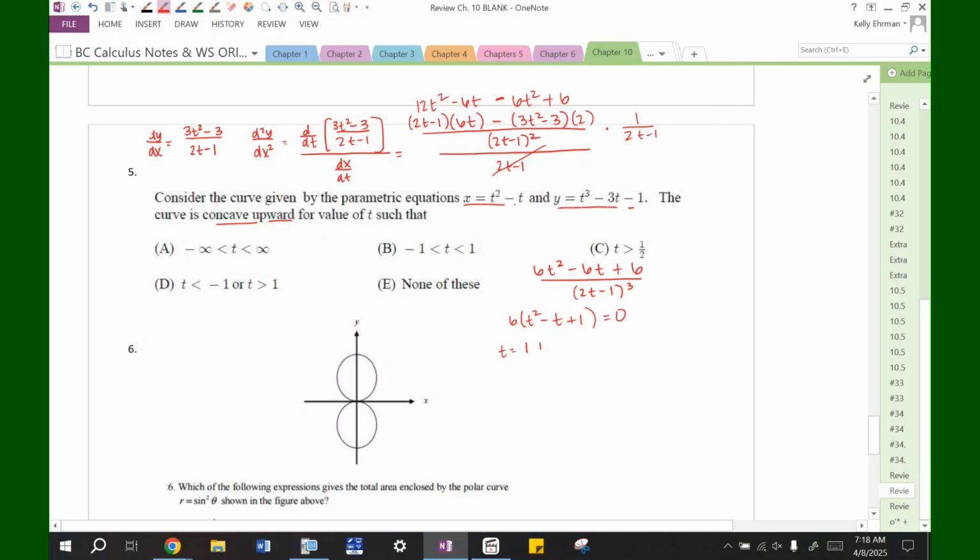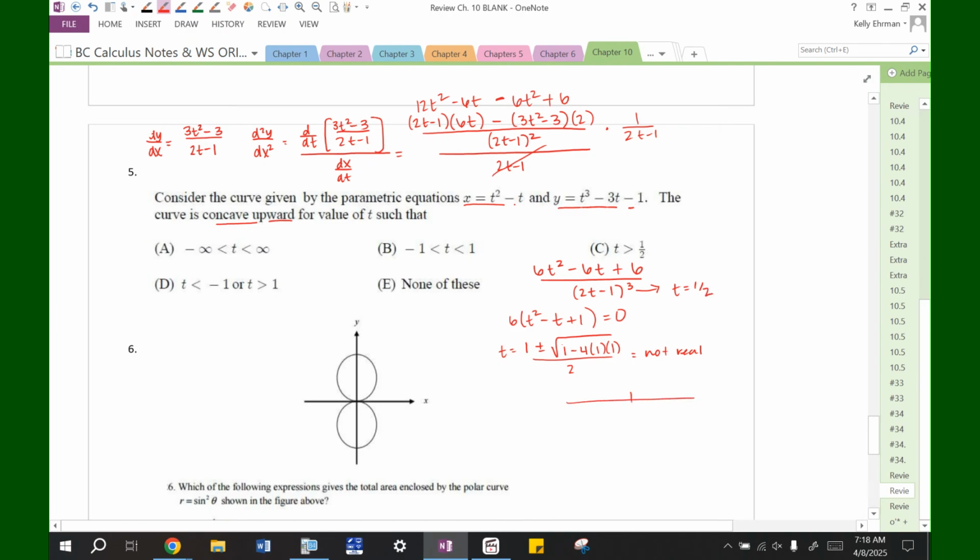So 1 plus or minus square root of b squared minus 4ac. This is imaginary, so we don't get any possible inflection points from the top. So it's just the bottom, so 1/2. So far I'm thinking it could be c. Here, t equals 1/2 is when this is undefined.